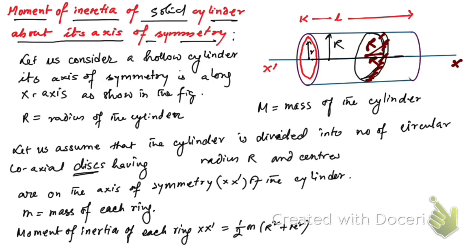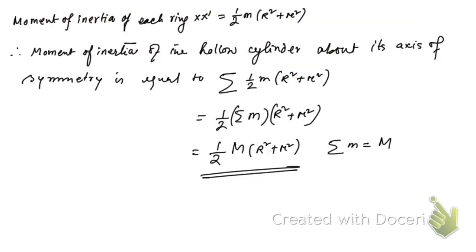In this case the moment of inertia of each disc will be half m R squared, about the axis passing through the center and perpendicular to the plane, right? So we can obtain the moment of inertia of the solid cylinder.